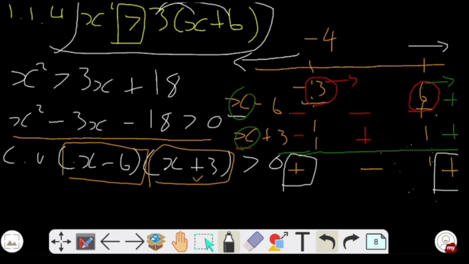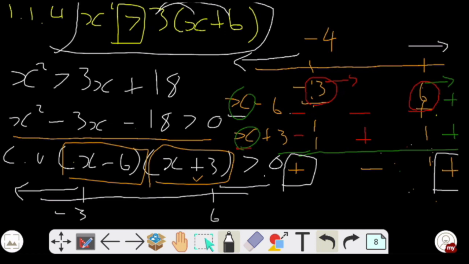Now, writing this as your answer, it should be in this form. Like I said, x is greater than 0 for any number which is greater than negative 3, and for any number which is greater than 6.